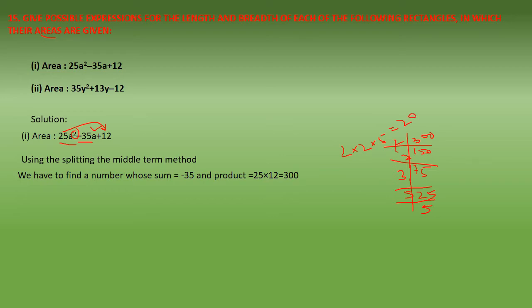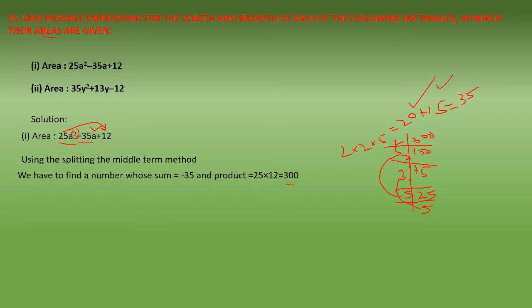We have used these factors. We are left with 3 and 5, so we get 15. Now add these numbers, this becomes 35. So the sum condition is fulfilled, and if we multiply 20 by 15 we get 300.